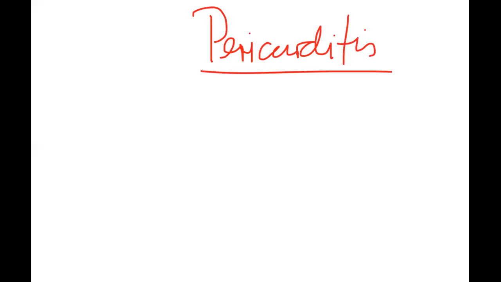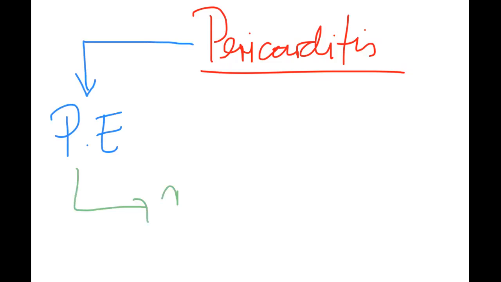All the time, when you have a patient with pericarditis, you need to think about a flow chart. A patient with pericarditis is able to get a pericardial effusion. And after the pericardial effusion, we are able to get a cardiac tamponade. And after the cardiac tamponade, we are able to get a constrictive pericarditis.